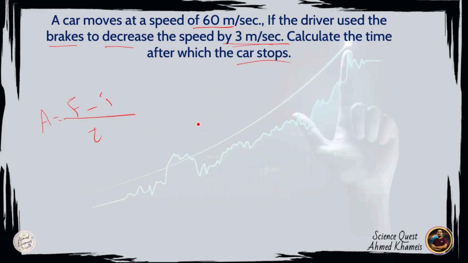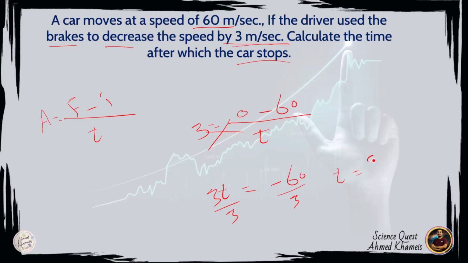So 3 equals final speed 0 minus initial speed 60 over time. So 3t will equal minus 60. So we divide by 3 to calculate the time. So the time equals 20.